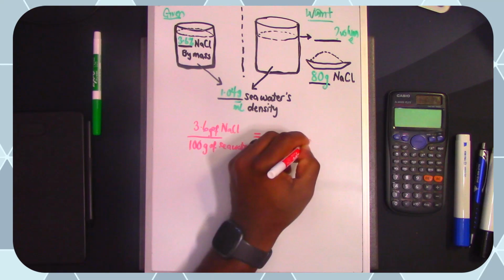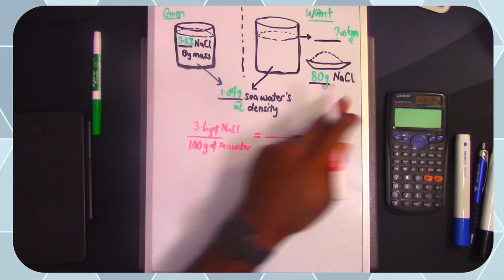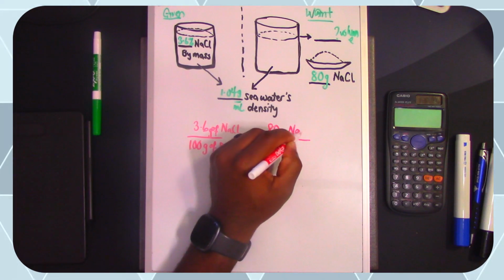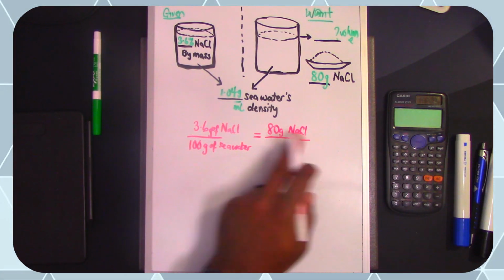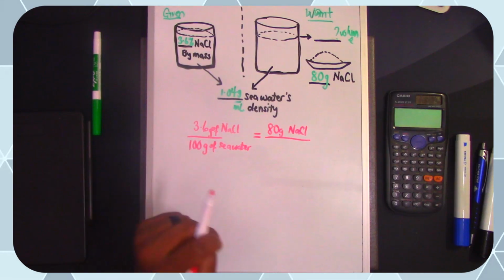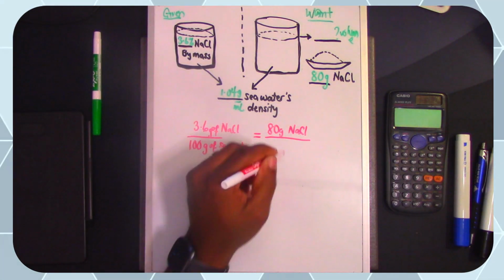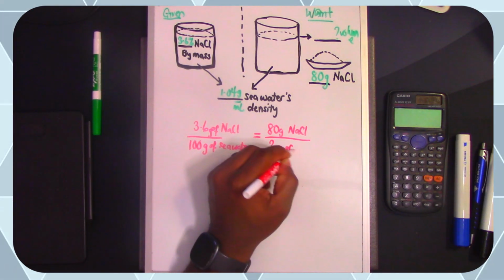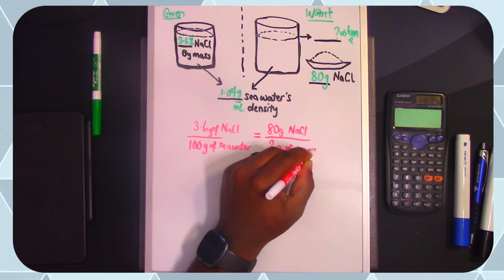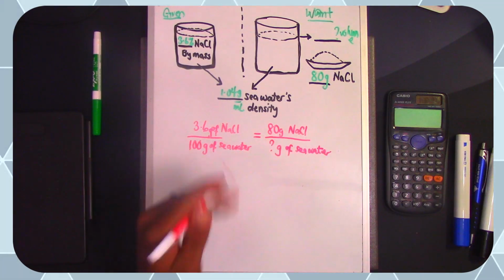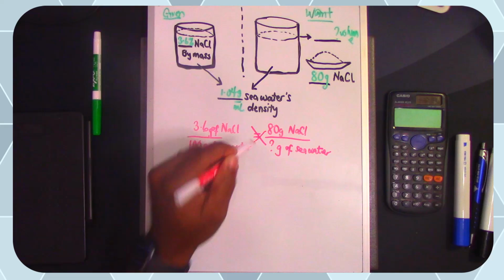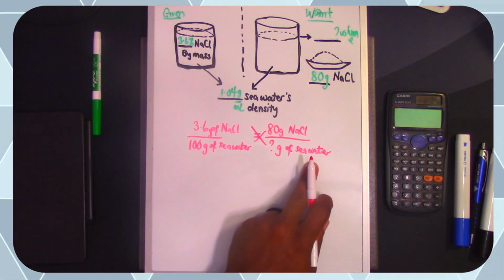In this case we have sodium chloride that we want to be 80 grams. We have to keep the sodium chloride as a numerator, over how many grams we need of the seawater. And once we have this set up, we can now do cross multiplication in order for us to determine what the grams of seawater is.